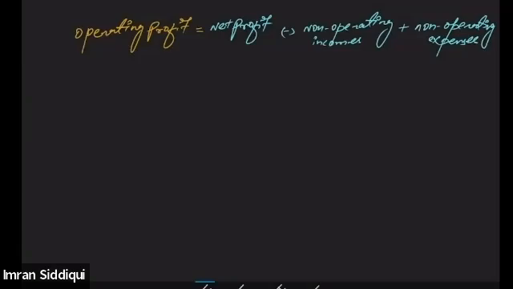All right. So just a minute. Okay. So first of all, we have to find out the non-operating incomes, and we will also have to determine the non-operating expenses, and we'll then accordingly subtract the non-operating income from net profit, and non-operating expenses will be added to net profit. So just a moment.